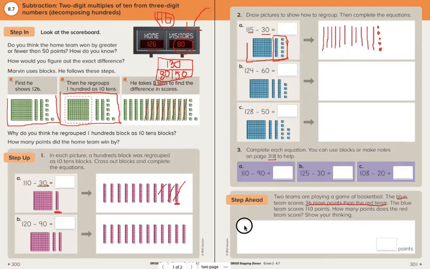Show your thinking. So let's think about what we know when we do word problems. What are they asking? And what do we know? Okay, so total part. They're asking us how many points the red team scored. Do we know how many points the blue team scored?